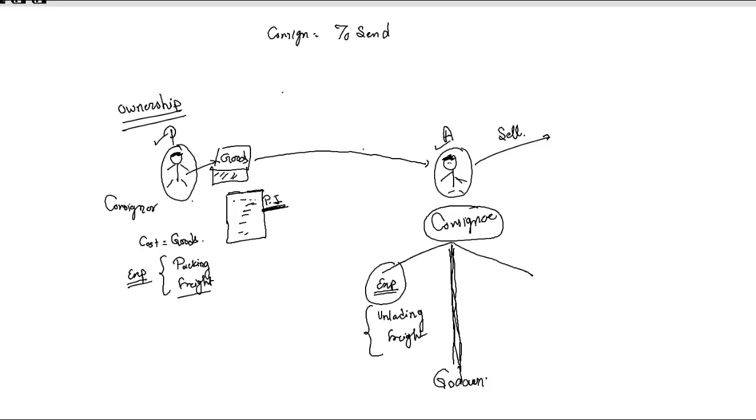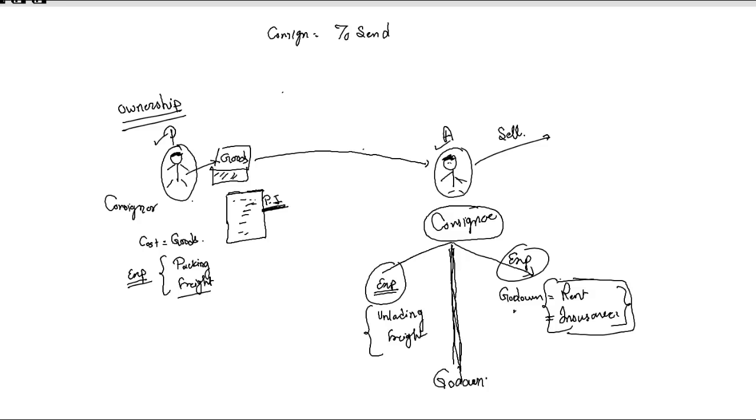And the consignee also may incur expenditure in relation to the godown where he keeps the goods. So for example, godown rent, then insurance expenditure of the goods kept in the godown. These expenditures are incurred once the goods reach the godown. So we have to divide these two types of expenditure of the consignee. It is very important for valuation of closing stock.